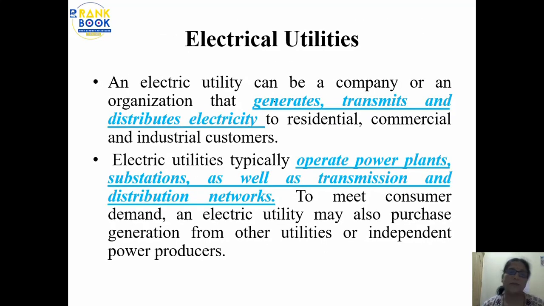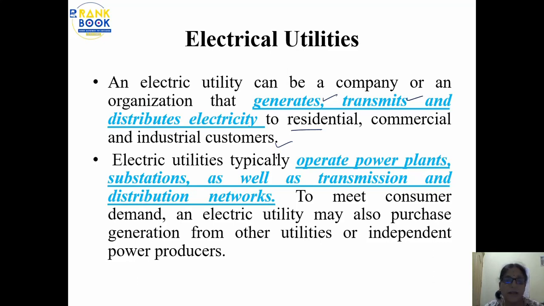Let us see what electrical utilities are. An electric utility can be a company or an organization that generates, transmits and distributes electricity to residential, commercial or industrial customers. So that is what an electric utility is.